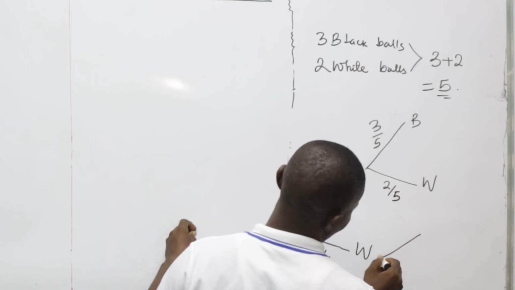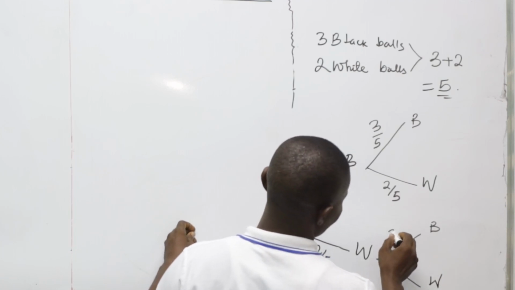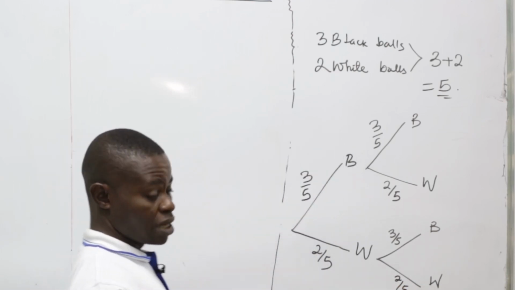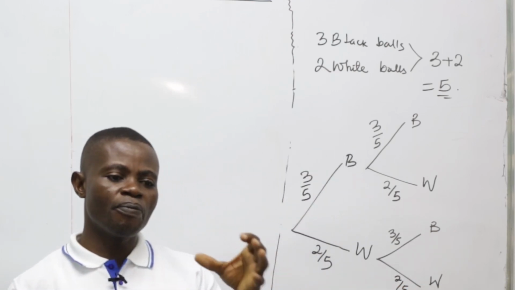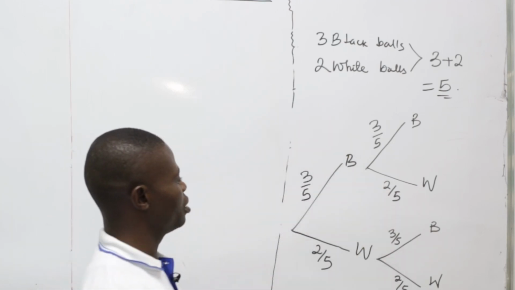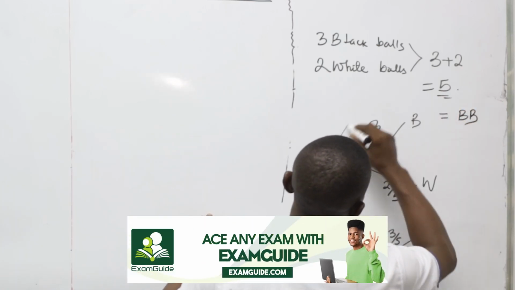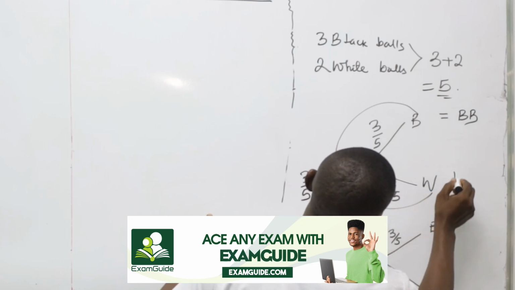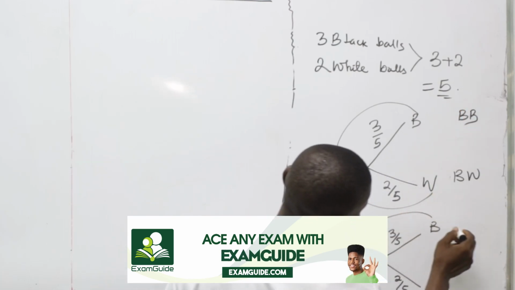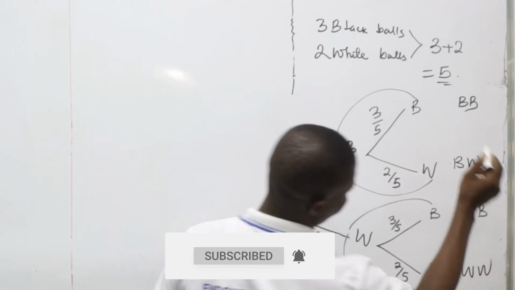We'll have, this is black, this is white. For black, 3 over 5, then white, 2 over 5. Now the question is that both are black. Where are black? That is black, black. Say it, sample space, BB. This to this, and this to this. This is BW, black, white, and the white, black, then white, white.